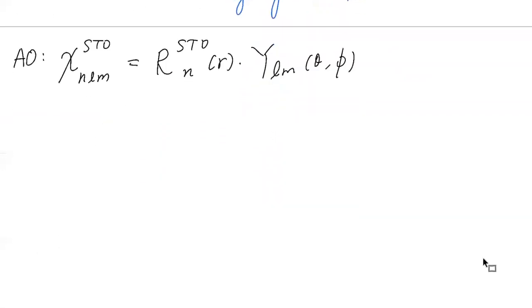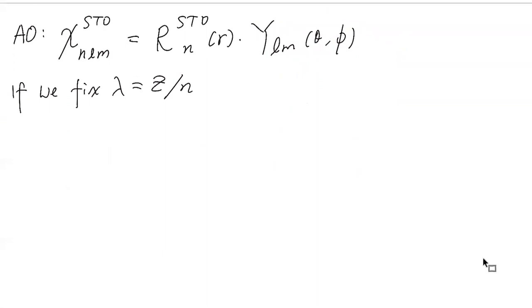Now, if we fix this parameter lambda to be equal to Z over n, then what is our 1s STO? When n is equal to 1, this is equal to R_1s.